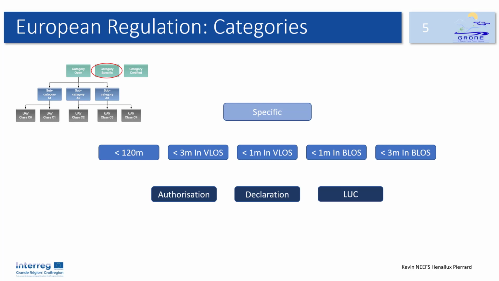The declaration must contain administrative information, standard scenario, engagement of the pilot to take all the necessary security measures, and insurance confirmation. A LUC application must contain a description of the drone operator's management system, the name of the responsible drone operator's personnel, and a statement that all the documentation submitted to the competent authority has been verified.